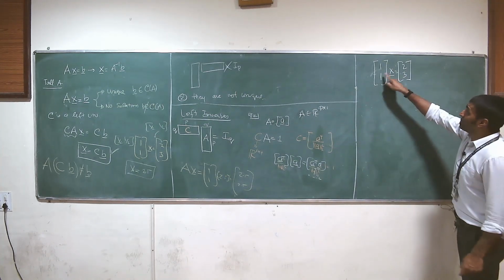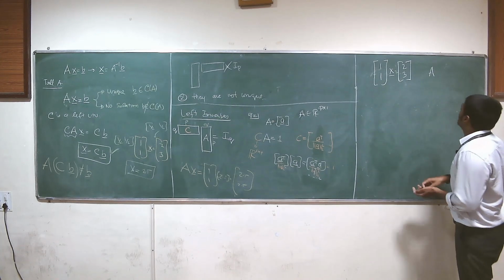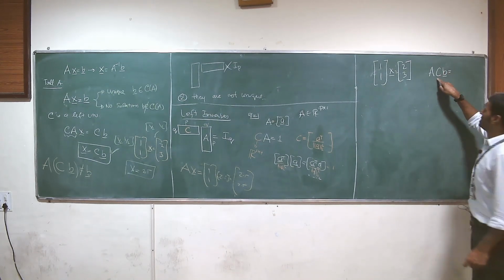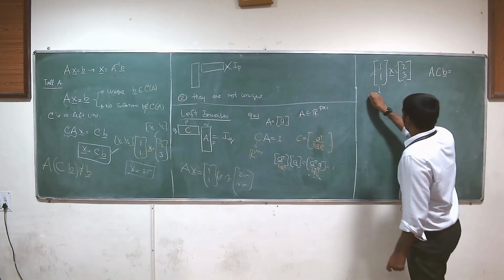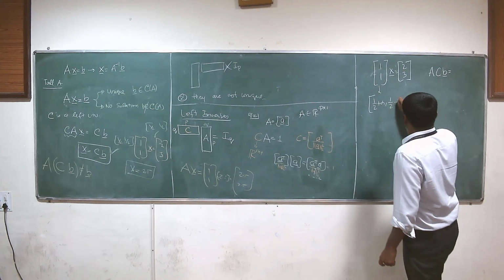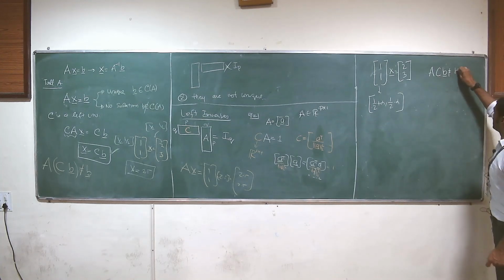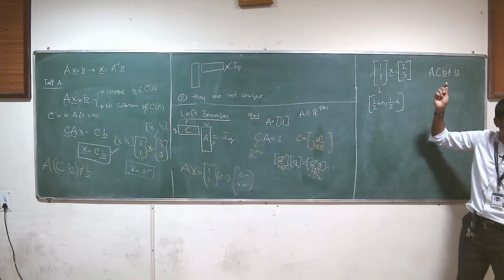So if you do this, A times C times B, for any left inverse, the different possible left inverses are half plus alpha, half minus alpha. If you put any left inverse here, you will find that this is not equal to B. That means B is not in the column space of A, which we already knew.